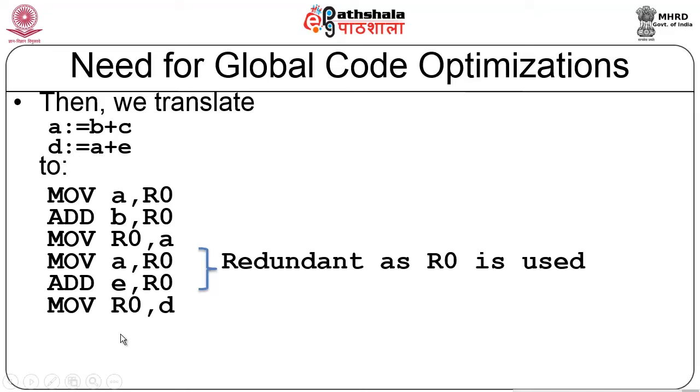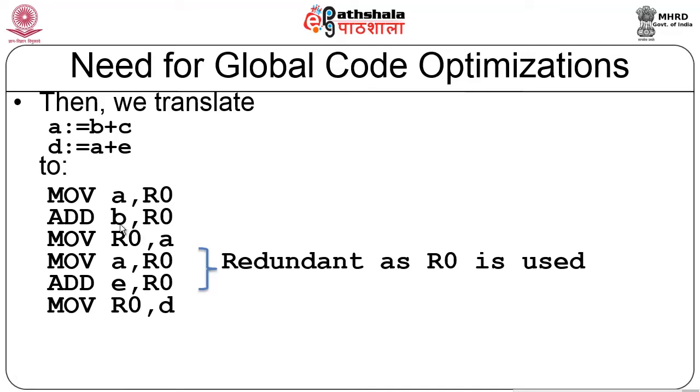Now what happens here is I am using a here. Anyway, at this point itself r0 has got the value of a. So this instruction move a comma r0 is going to be redundant, and I need not move a comma r0 here again, I can use the same value itself.